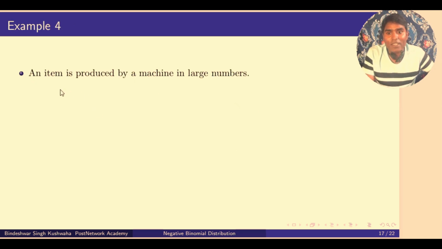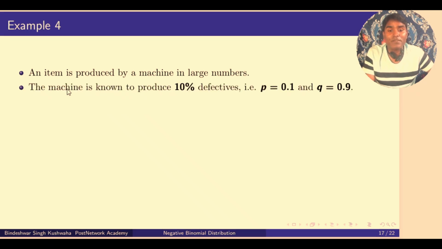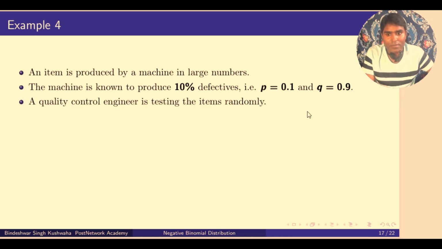Let us see another example. An item is produced by a machine in large numbers, and the machine is known to produce 10% defectives. That means probability p is 0.1 and q, 1 minus p, is 0.9. And a quality control engineer is testing the items. You can see that the negative binomial distribution can also be used in quality testing.